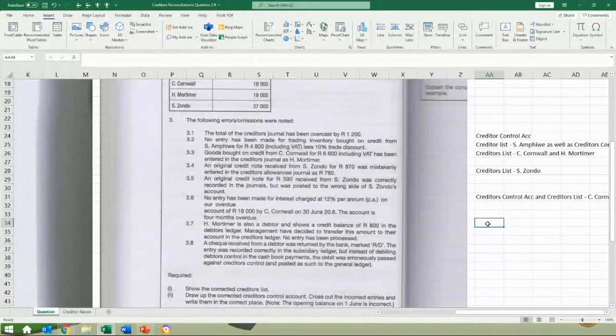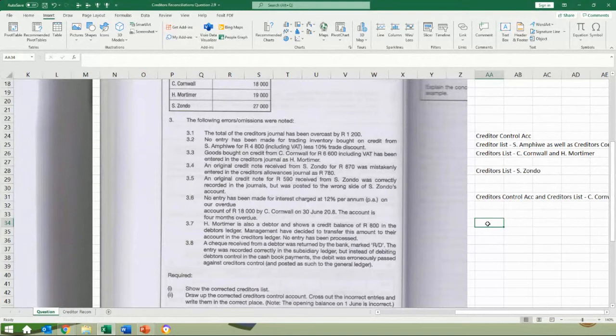So they've decided to transfer it from their debtor's account to the creditor's account, but no entry has been processed. Okay, so what that means is now we have to transfer that amount from debtors to creditors.